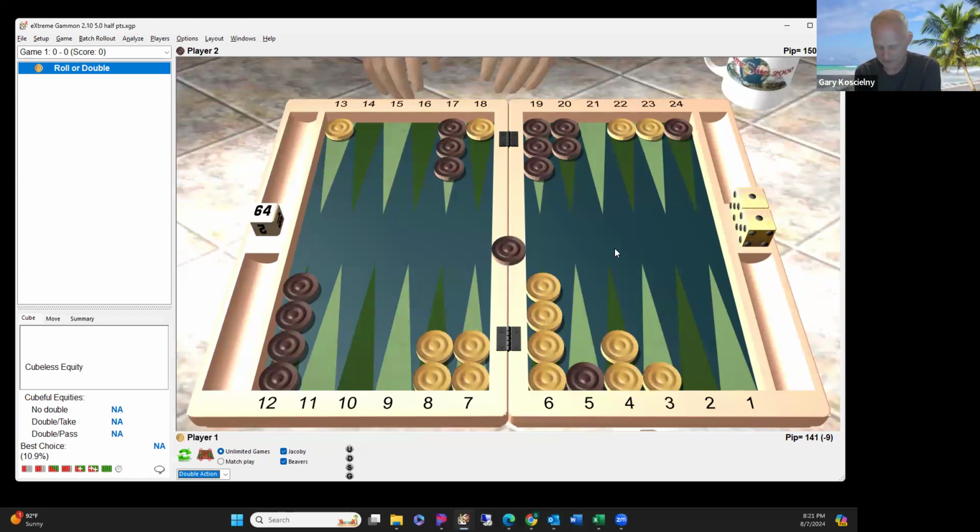What about blitzing? That's a 1. Yeah, that's a much clearer 1. We've got plenty of rolls that are going to point on this guy on the 5 point, or even hit loose and cover the 3, or just make another point, and black is on the bar.